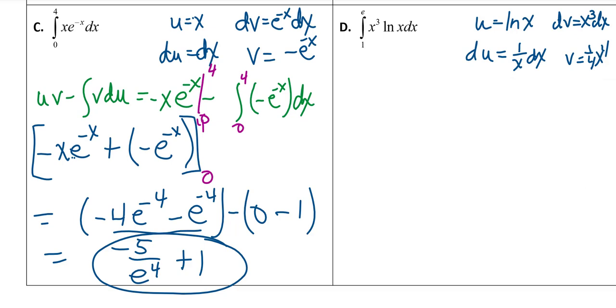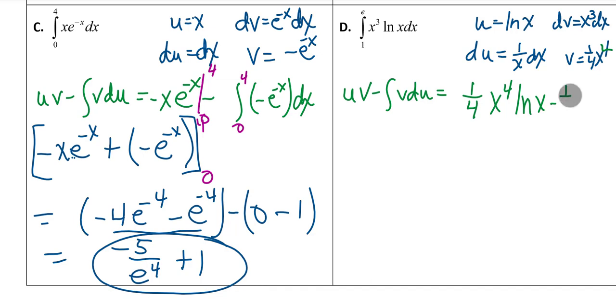Okay, so now using our integration by parts, we're going to have uv minus the integral of v du. We get 1/4 x to the 4th ln of x, and then we're going to have minus the integral of 1/4 x to the 4th over x dx.